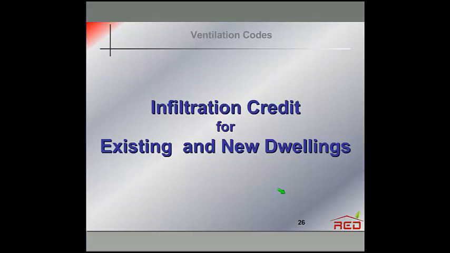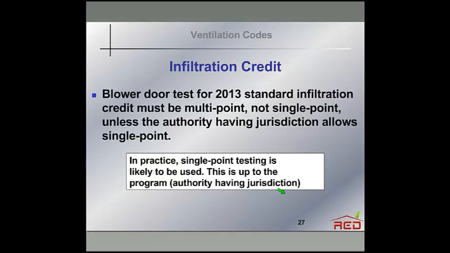The standard allows an infiltration credit for existing and for new dwellings. The new dwelling infiltration credit is limited to 2/3 of the initial ventilation requirement from the basic equation.